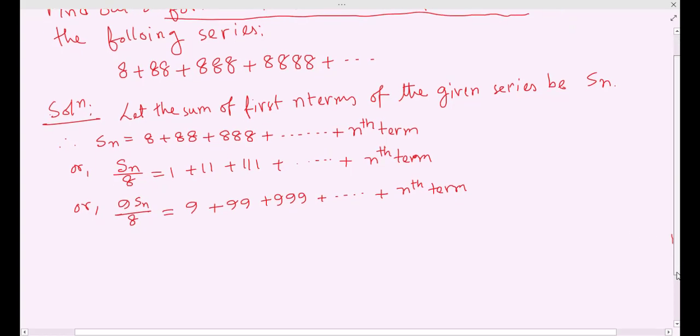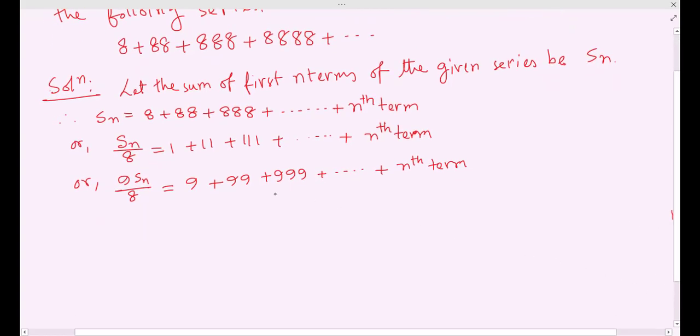Now what we are going to do is, 9Sn by 8 equal to 10 minus 1 plus 100 minus 1 plus 1000 minus 1 plus up to the nth term.